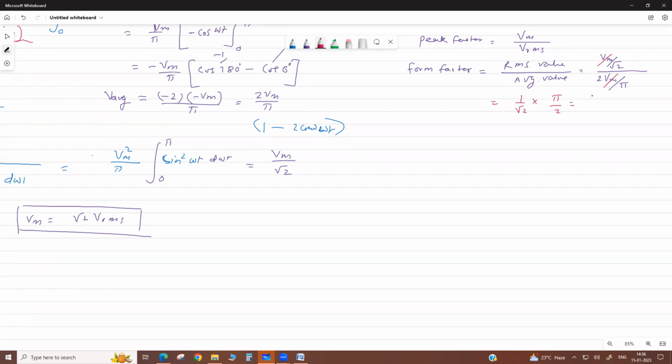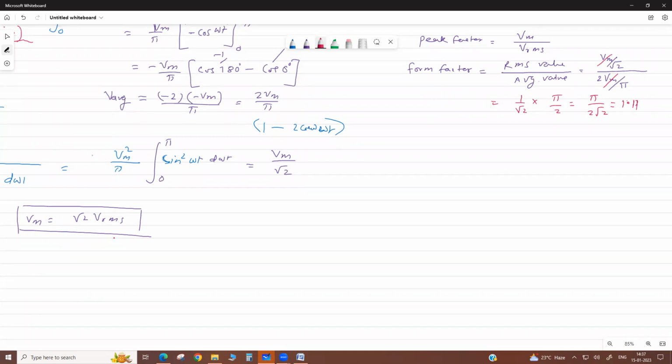So it comes pi by 2 root 2. Please check this: 3.14 divided by 2.828 is 1.11. This is the form factor for a sinusoidal voltage AC waveform.